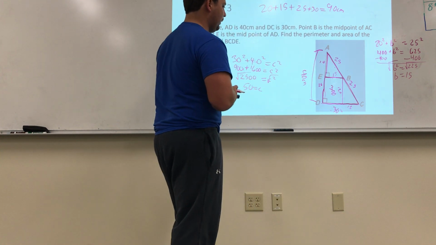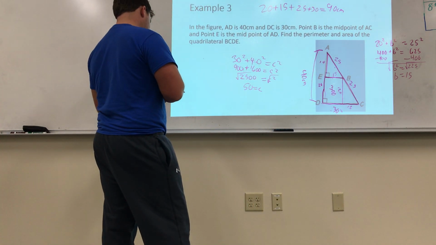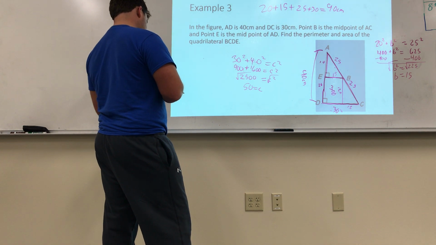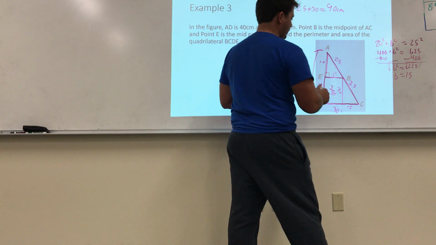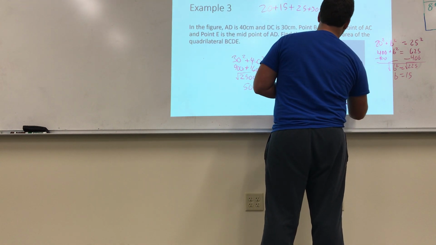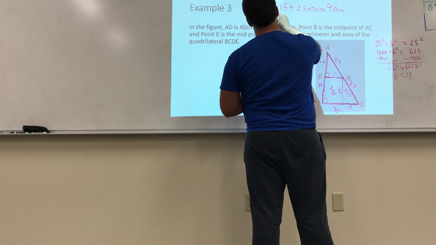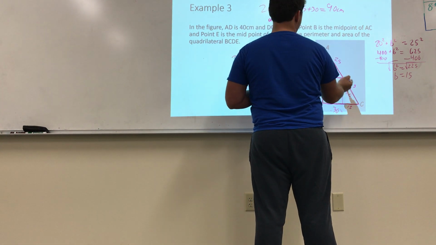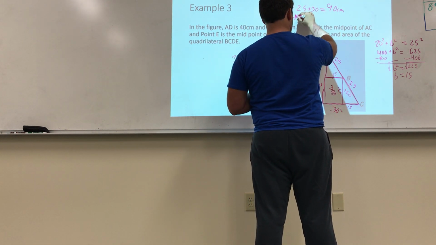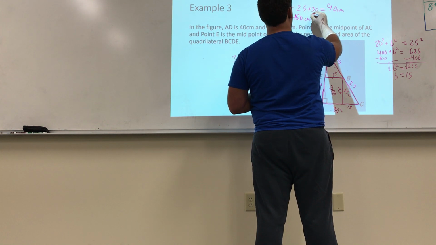Okay? And then we're going to take height times base, which once again should be 300. And then you're going to half that, which is 150. So the area should equal, add those two together, 450 centimeters squared.